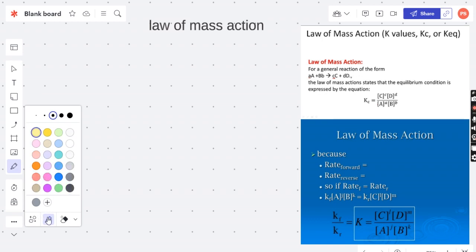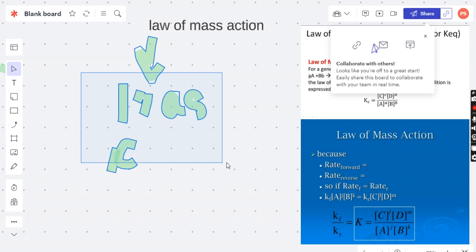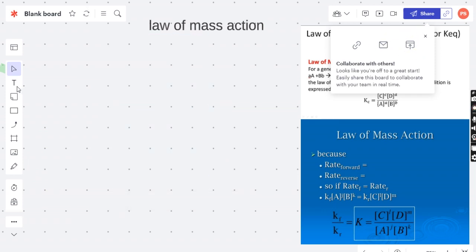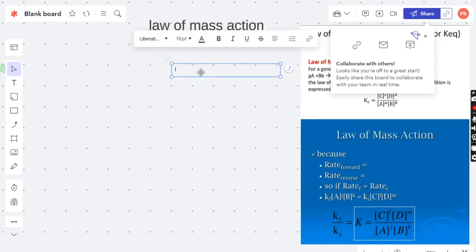I would say that writing it this way is more appropriate, so let's clear it up.